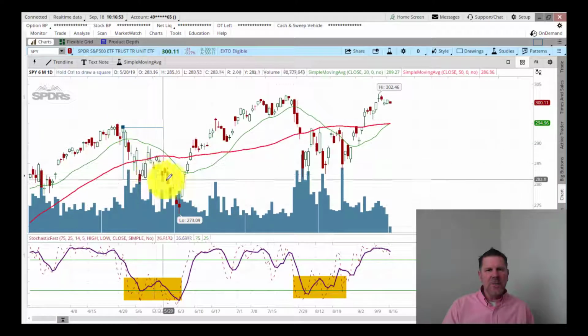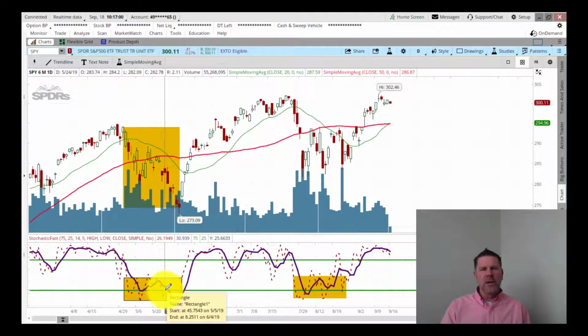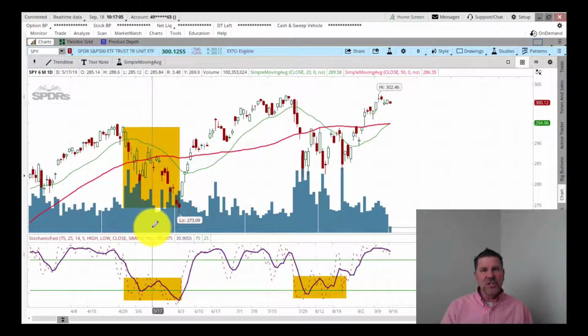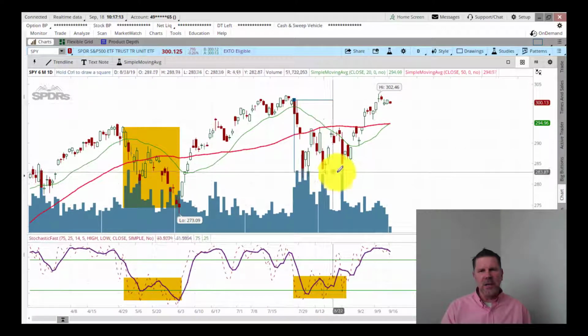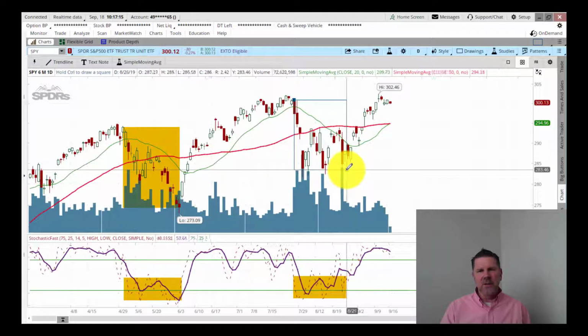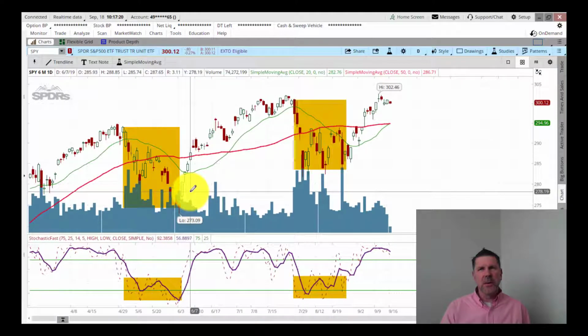At the same time that our technical tool, which in this case is the stochastic, was showing signs of weakness in the market, price action was actually dropping. It was getting weaker. The second scenario over on the right, same thing. During this time period, as you correlate the bottom area where the stochastic is to the price action up above, you'll notice that the stochastic somewhat informed us that there was market weakness.